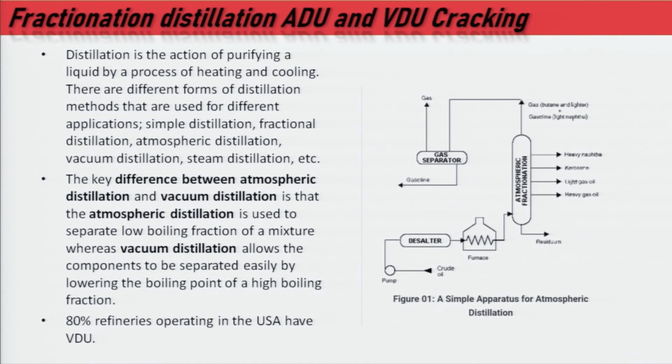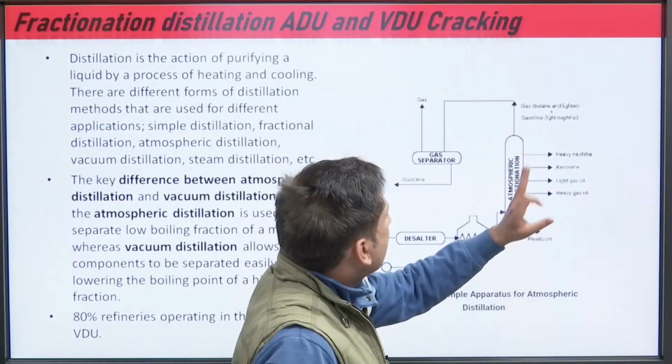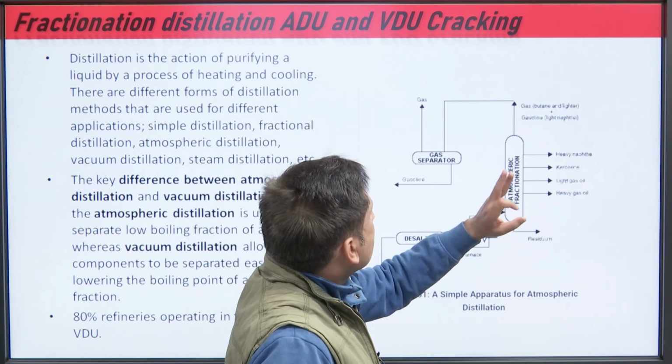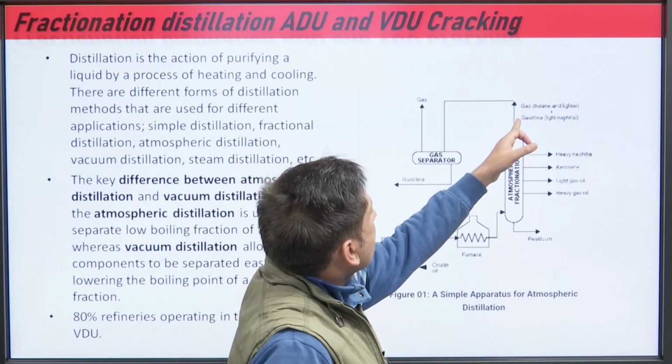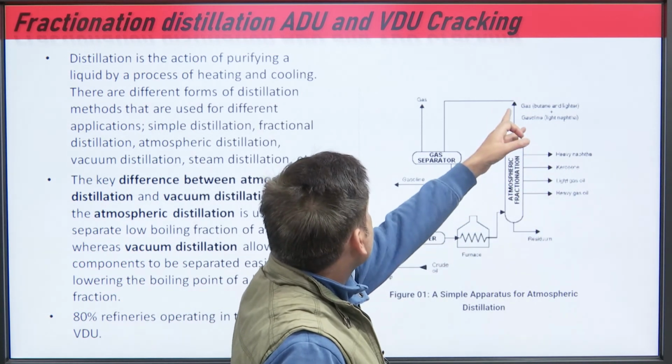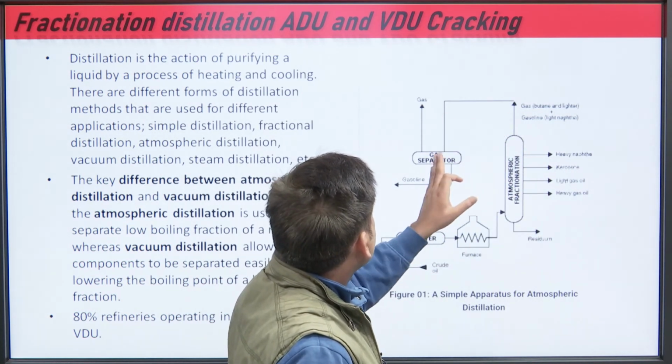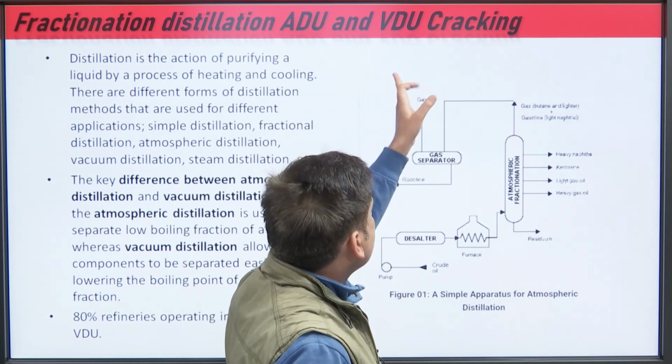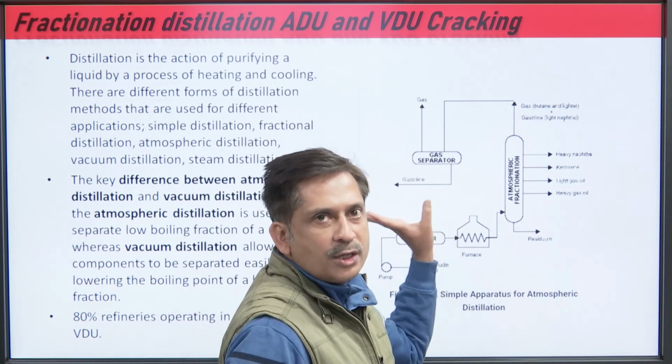As per their boiling points, these liquids are condensed out. Heavy gas, light gas, kerosene, heavy naphtha are all removed, and finally we get some gases, LPG and gasoline, naphtha also, and they are passed through a gas separator where the gas component is separated from the liquid.